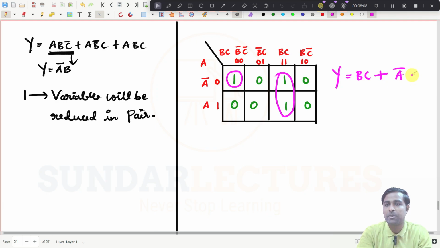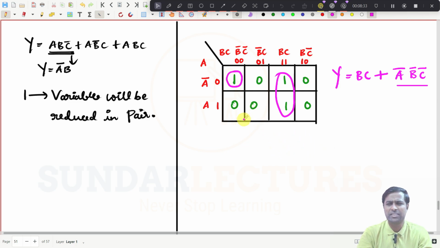Straight away, this is B bar C. That's all. You have to write. If there is no pair for a particular one in a 3 variable K map, then the answer will come as a 3 variable term. There is no reduction for this particular one. That is the whole idea. Right? Can you understand? That is the whole idea.